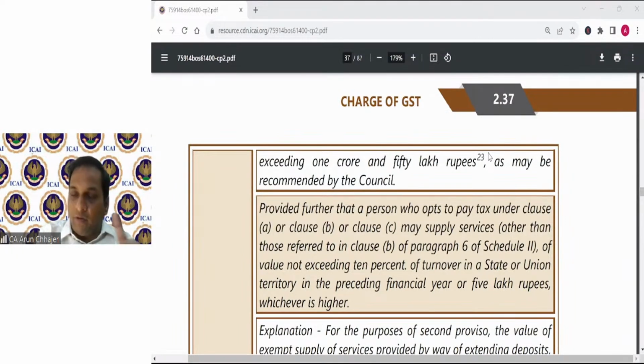It means the maximum limit would be 1.50 crore, but they can enhance the limit from 50. Initially the 50 was increased to some other amount, then some other amount, and finally it was increased to a maximum of 1.5 crore, and the special category states were capped at 75 lakhs.